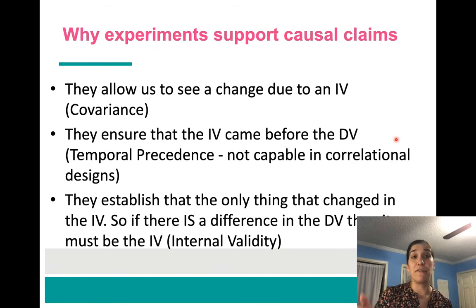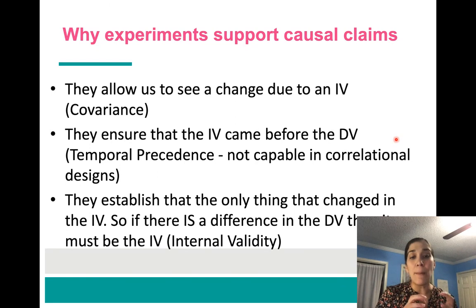Okay, so just as a review, why can experiments support these bold causal claims? Well, one, they allow us to see a change due to our independent variable. We call this covariance. Two, they ensure that the independent variable came before the dependent variable. We call this temporal precedence, again, not capable in a correlational or association claim.